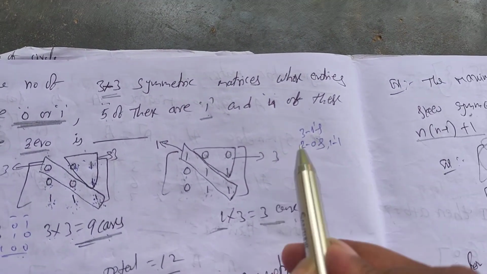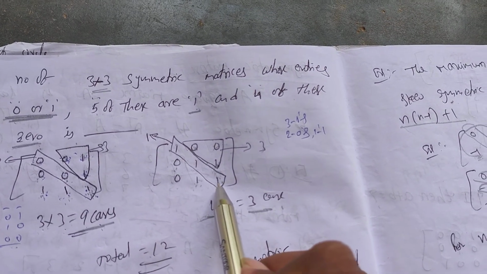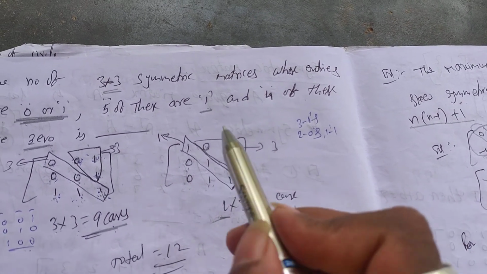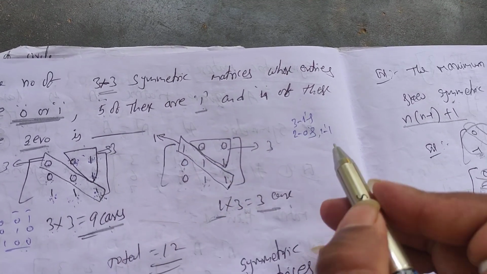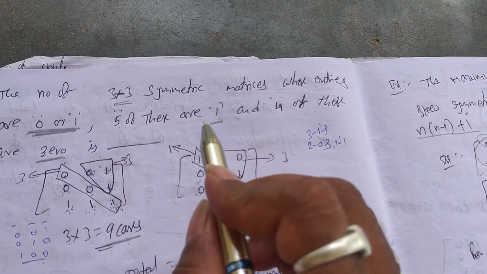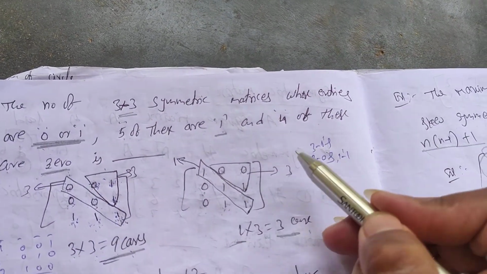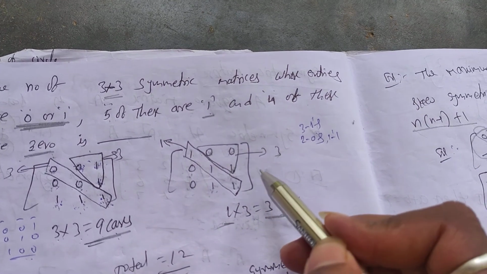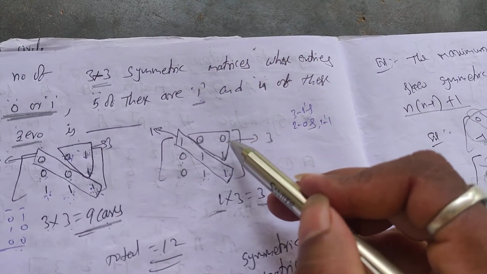In the second case, we fill all the diagonal elements with ones. After three ones, we have two more ones, and four zeros. Two more ones means, if you observe the lower part, don't observe the upper part.